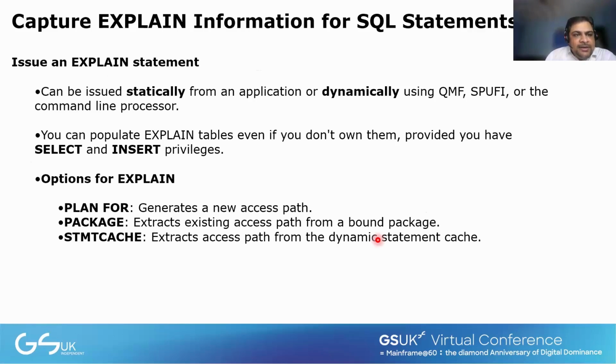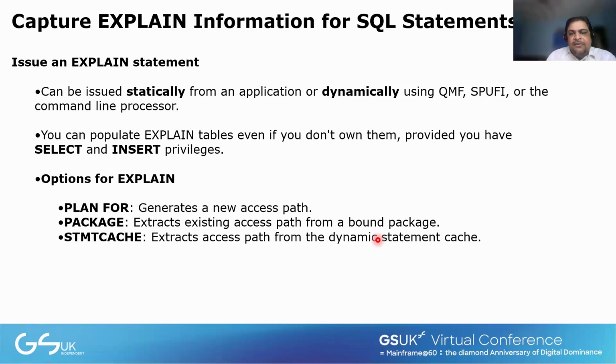Again, you can execute an explain to get that access path information. At your shop, the plan table, all those DSN tables, and any other configurations required are already set up for you. Now you can execute explains on different SQLs. You can do the explain statically from an application, where you run a bind and put explain yes in the bind, or you can do it dynamically while running an SQL.